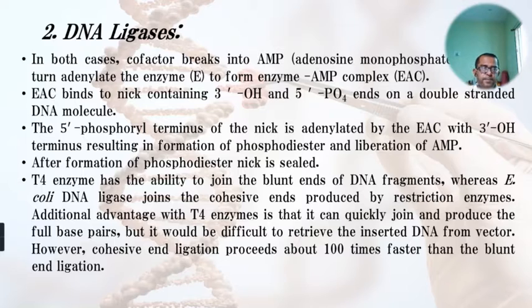But there is a problem when we use T4 DNA ligase enzyme to join the blunt ends of DNA fragments. It joins these blunt ends to the double stranded DNA molecule, and a recombinant molecule is produced.